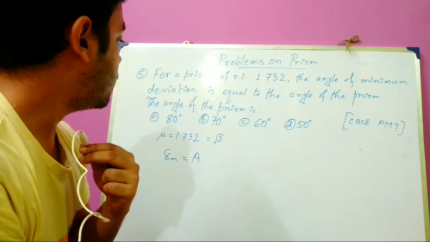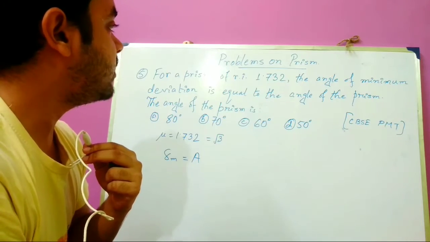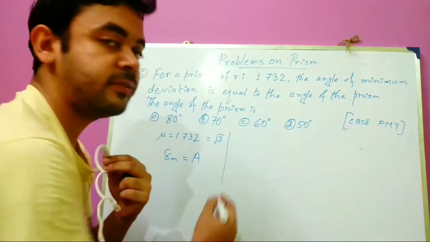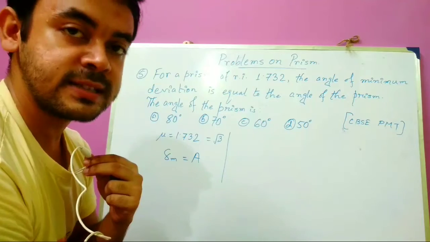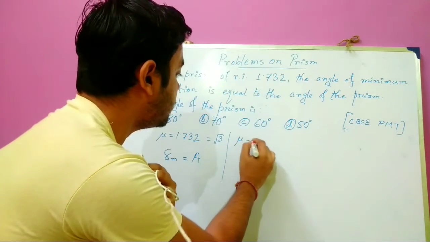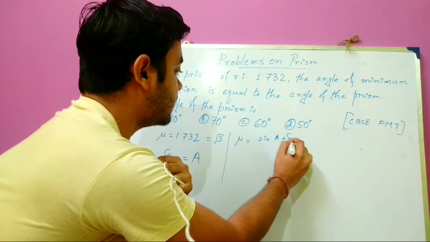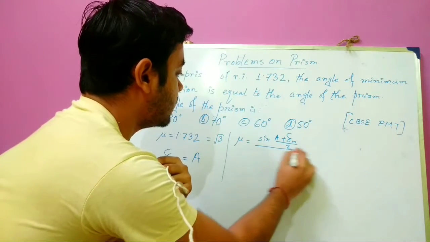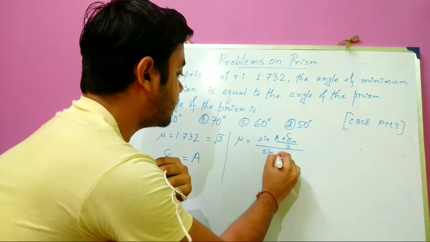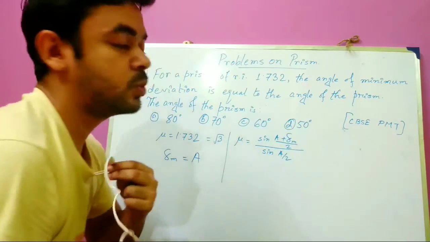Okay, we know for minimum deviation the refractive index of the prism is given by mu equal to sine of (A plus delta m) by 2 divided by sine A divided by 2.